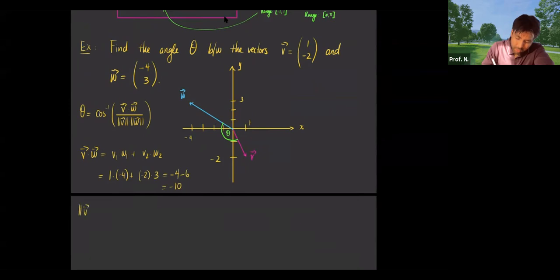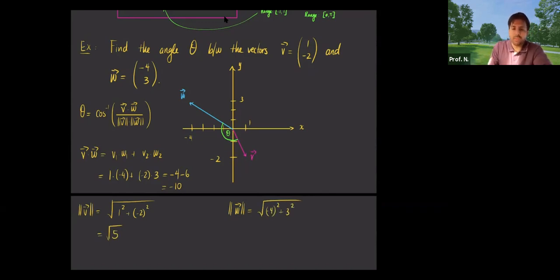Then I'm going to take the norm of v and the norm of w. Find the length. In two-dimensional space, all we're doing is taking each component and squaring it. So for v, it's 1 squared plus -2 squared, so I get rad 5 as the norm of v. And for w, I have -4 squared plus 3 squared, which is 16 plus 9, which is 25.